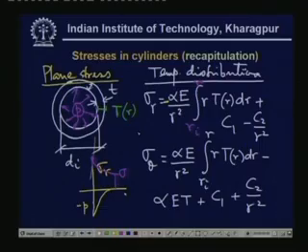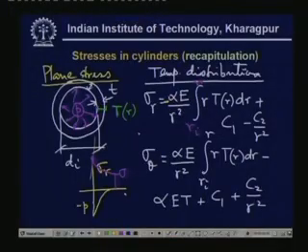Now today we are going to learn how to design a pressure vessel for increased pressure. That is, we have seen that there is a limit of pressure which can be withstood by a thick cylinder. For example, if the material fails in tension, that is by maximum normal stress, then of course if the P is greater than sigma allowable, then the material fails. So, this is not expected.